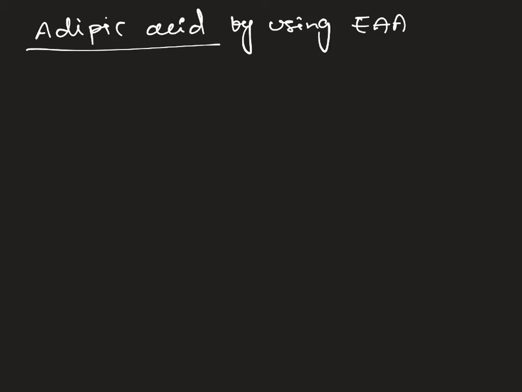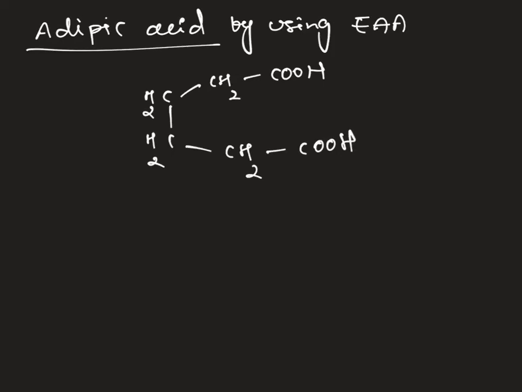Adipic acid is a six-carbon dicarboxylic acid, a six-member dicarboxylic acid. We call it adipic acid. How do we prepare it? By using ethyl acetate.